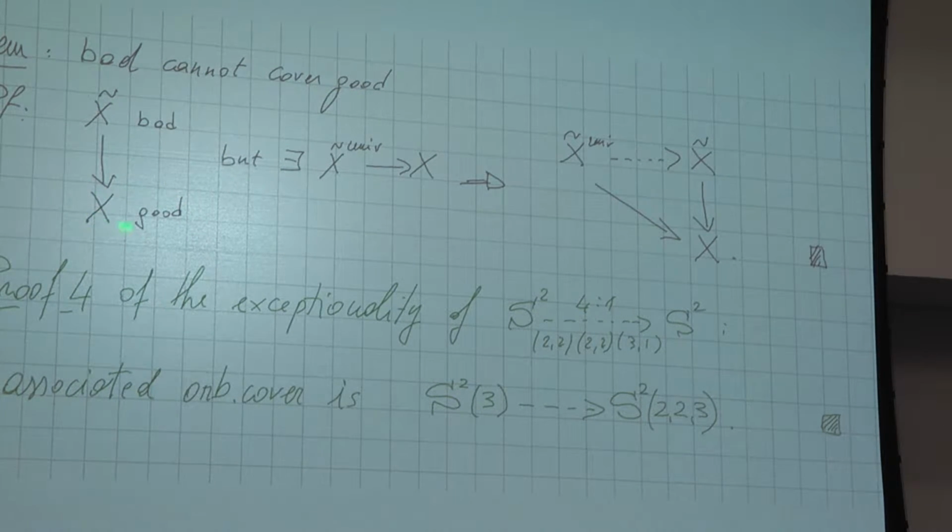And the reason is, if you have something good that's covered by bad, you have a notion, again due to Thurston, of the orbifold universal cover of X, and universal means it will factor through anything else. So if this is bad and this is good, you have the universal cover here, then you would have this dashed arrow, but then bad would be covered by good. So this can't happen.